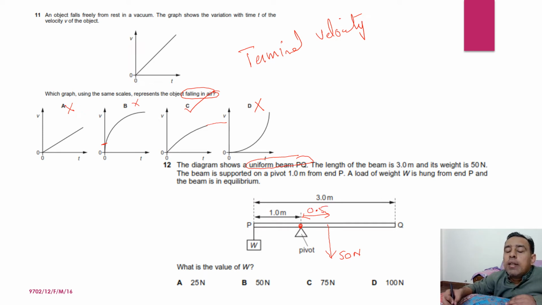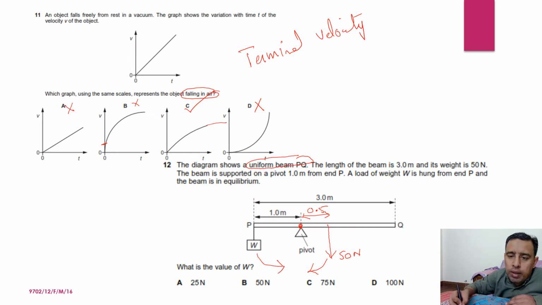So to get this W, we have to apply the principle of moments, meaning the clockwise moments must be equal to the anti-clockwise. This force 50 Newton will try to rotate the beam in this way, that is the clockwise. Always the force, the torque or the moments will move the body towards the pivot, and for this W it will try to move in this way.